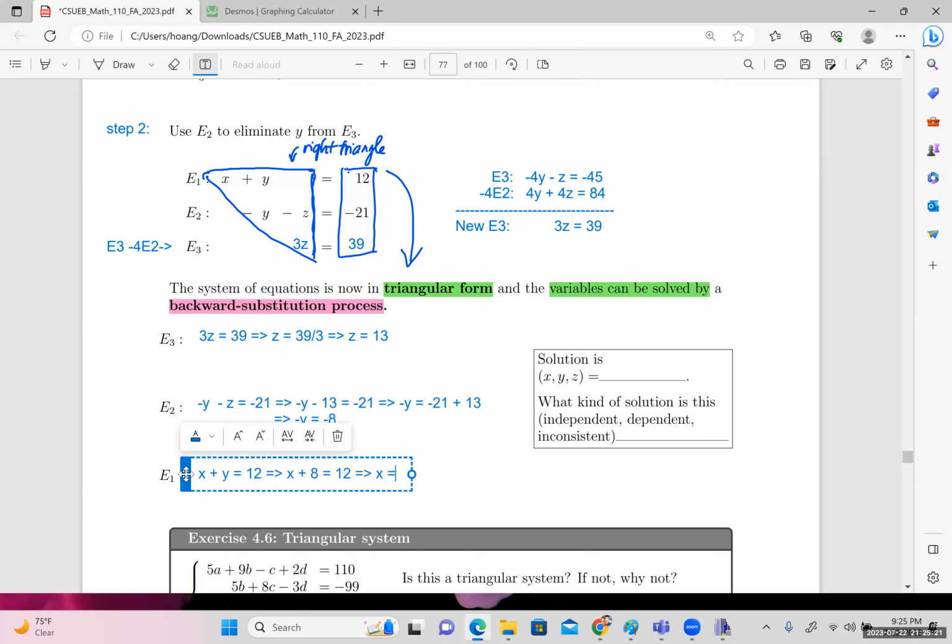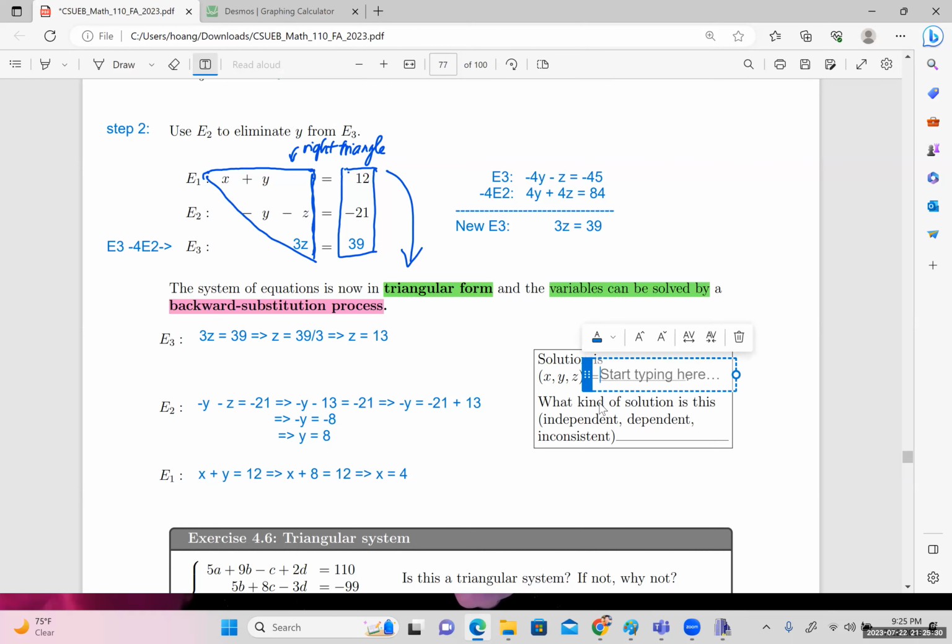That gives us x equal to 12 minus 8, which is 4. So that means the solution is written as x, y, z, which is 4, 8, 13. And what kind of solution is this? Is it independent, dependent, or inconsistent? So clearly we have only one solution. So we're going to say independent.